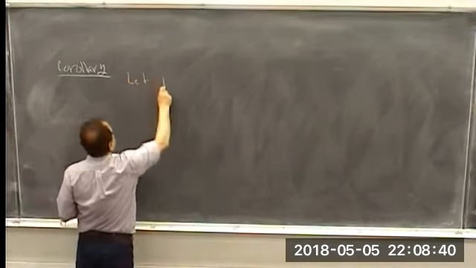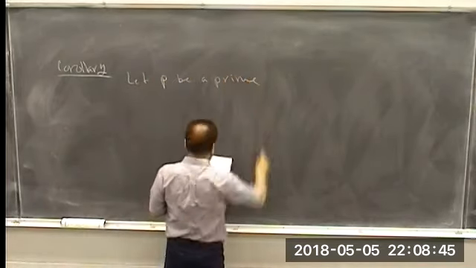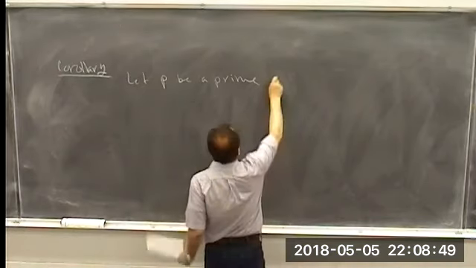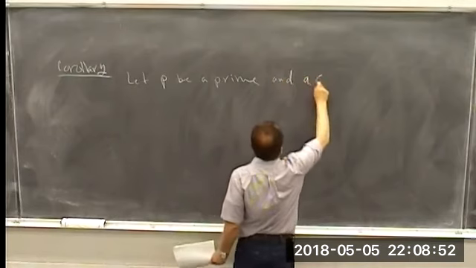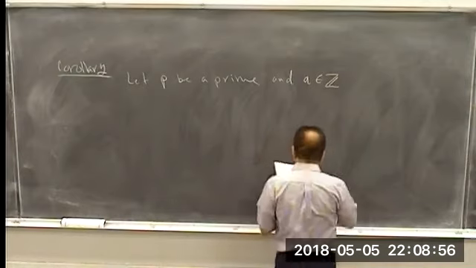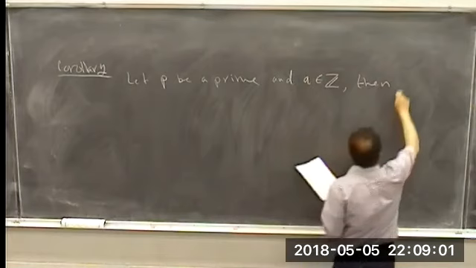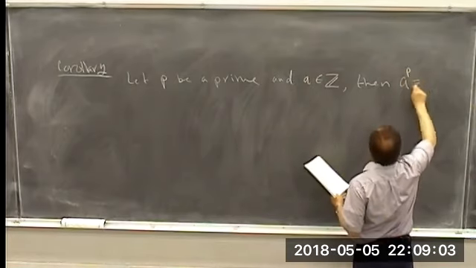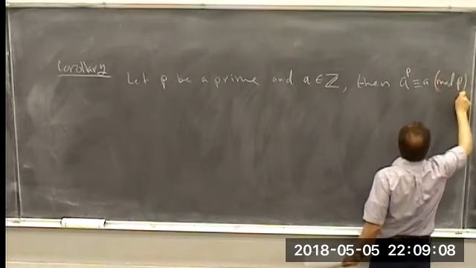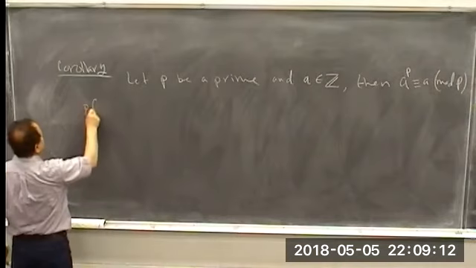So let p be a prime, and a is any integer, then we have a to the power p is congruent to a mod p. So we have this, and the proof goes like this.